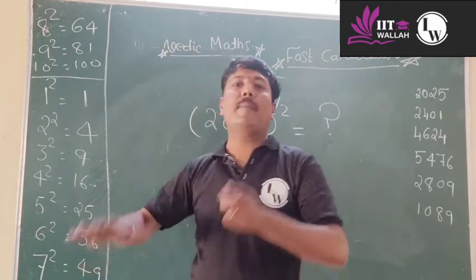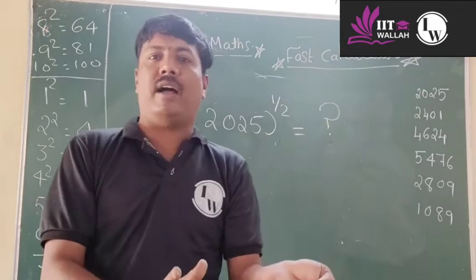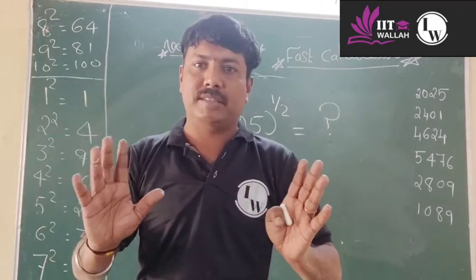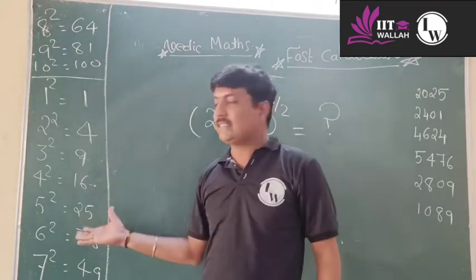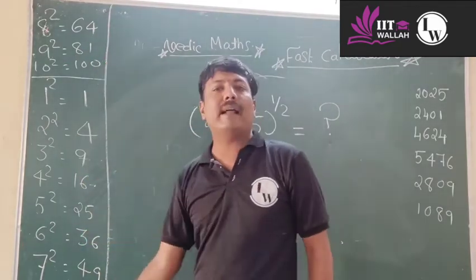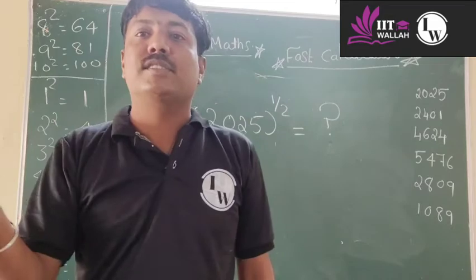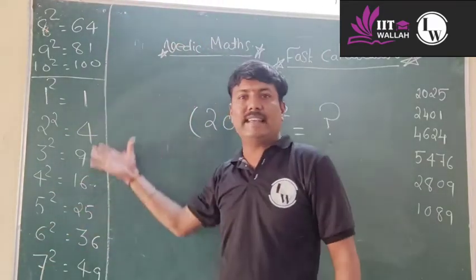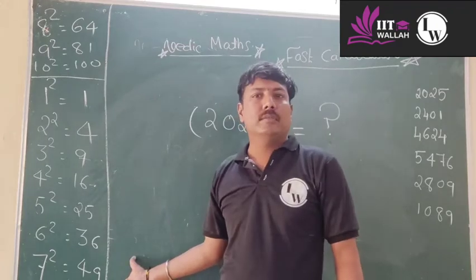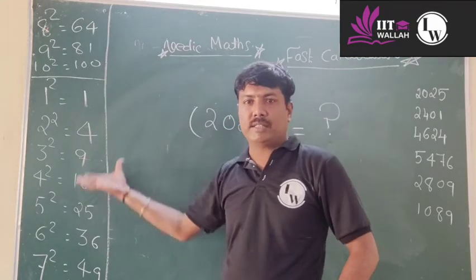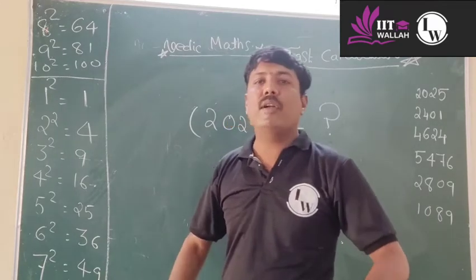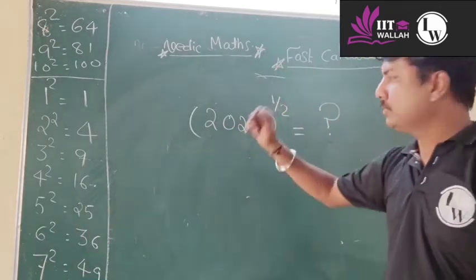If a number ends with 0, its square root ends with 0. There are not two options. In every other place there are two options. If a number ends with 9, its square root should end with 3 or 7, as you can see in the table. You understood? First of all, observe the table clearly and try to understand this. Okay? Now we will solve this very fast.